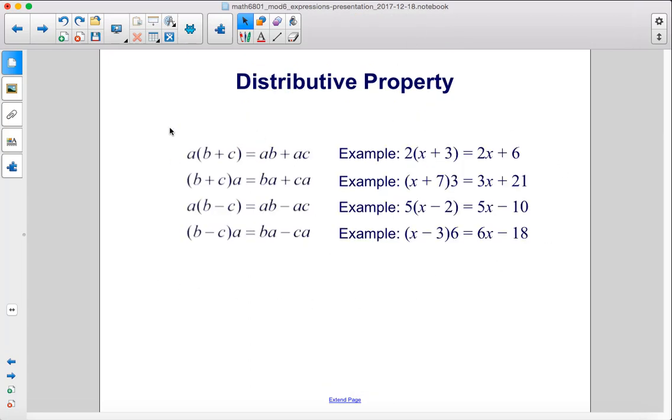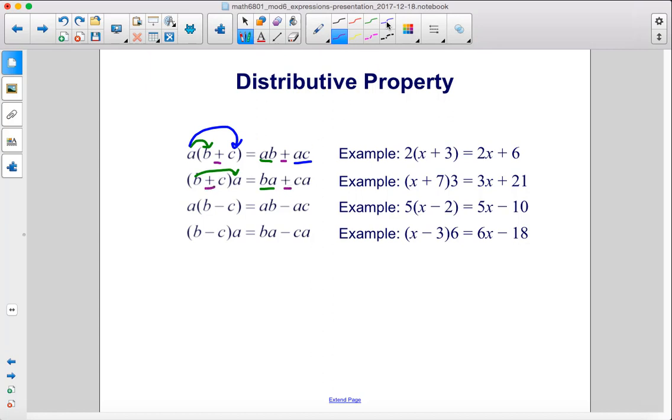Alright, here are some examples. We have here what we've been doing, a times b plus c, so that becomes a times b, and then a times c, and because there's a plus sign, you include the plus sign there. In the next one, we have b times a, then we have a plus sign, and then we have c times a, right like that.